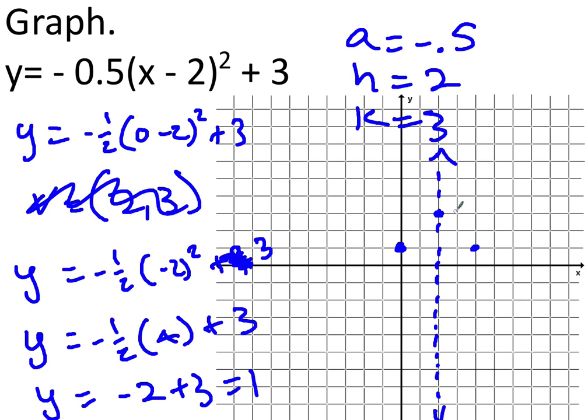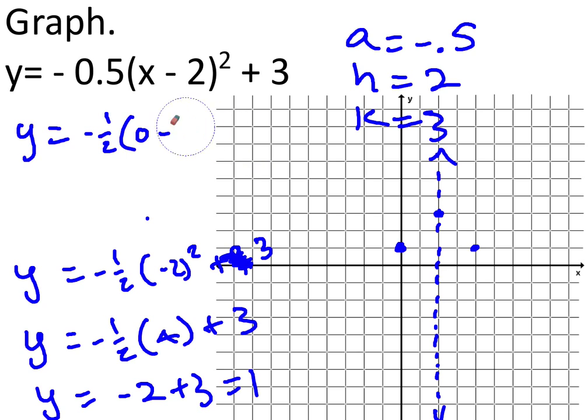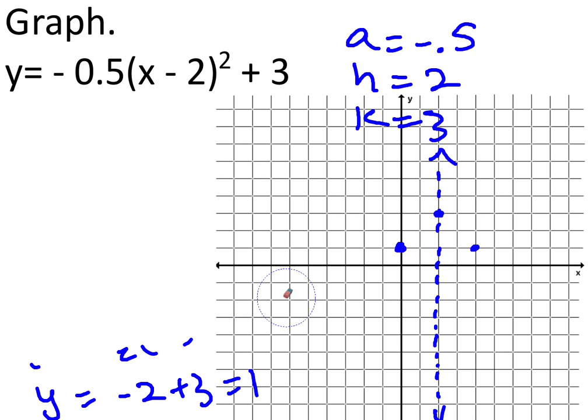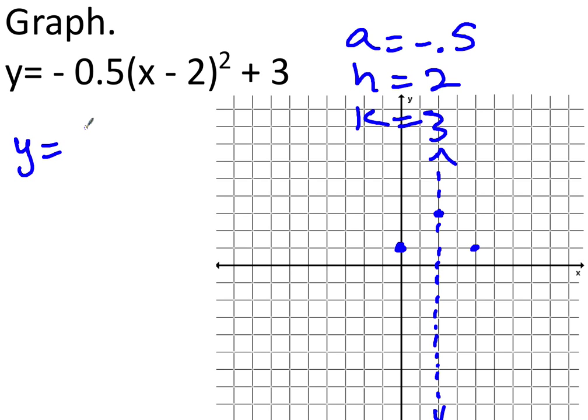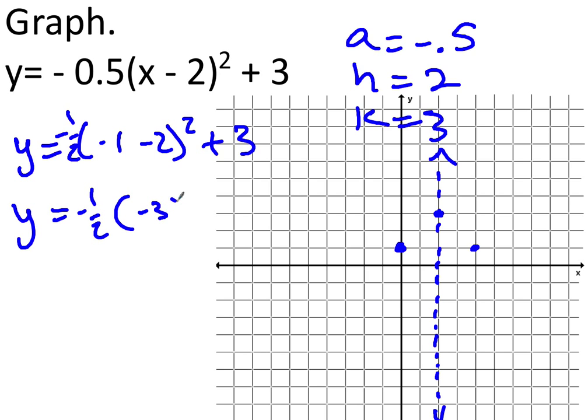And then let's plug in, what about when x equals negative 1? Y is equal to negative 1/2 times (negative 1 minus 2) squared plus 3, which is negative 1/2 times negative 3 squared plus 3.